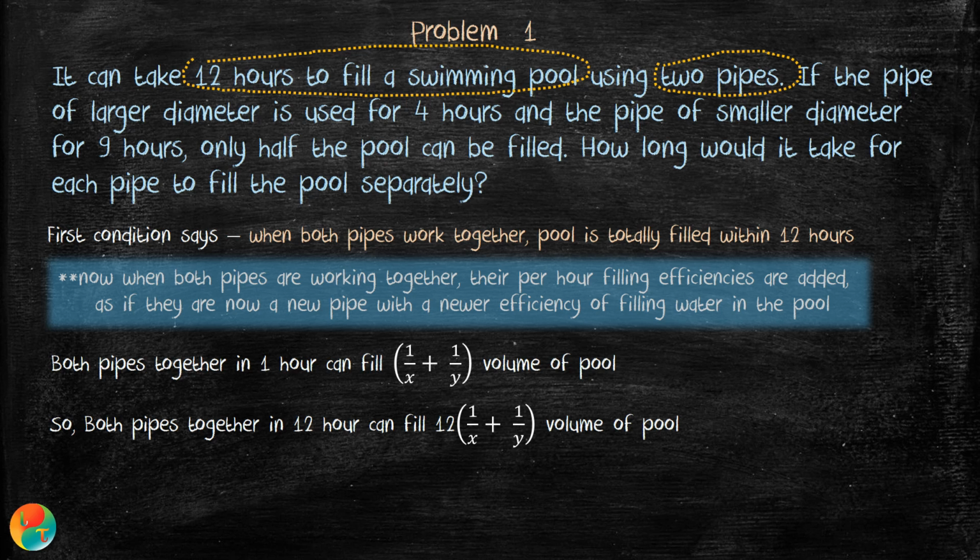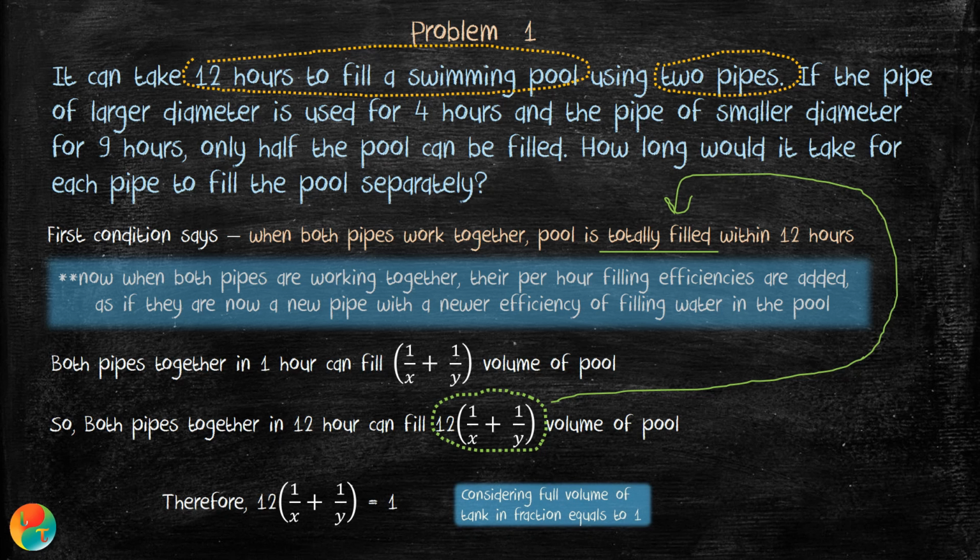It means 12 into 1 upon x plus 1 upon y volume of pool. But according to our condition, in 12 hours the pool is being totally filled. It means this given 12 into 1 upon x plus 1 upon y will be equal to 1, considering full volume of tank in fraction equals to 1.